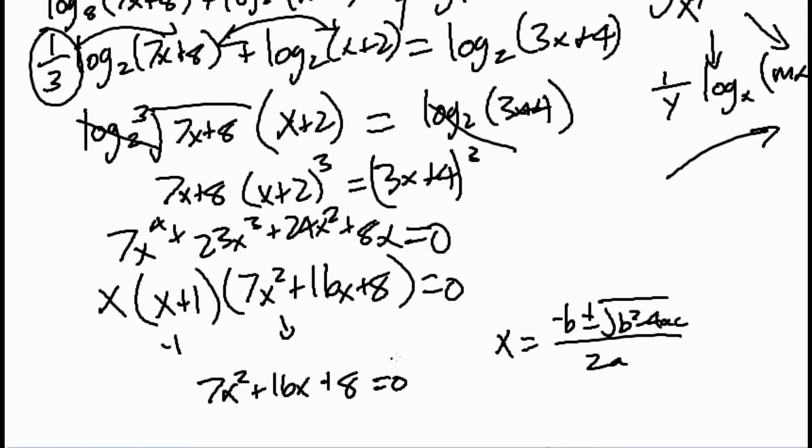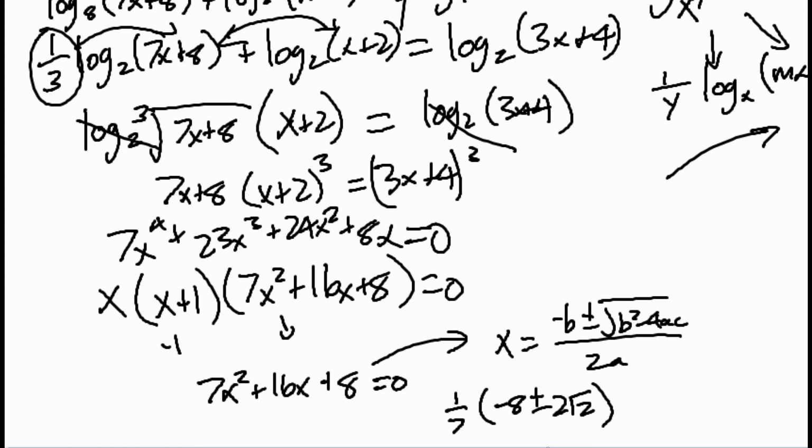After you plug all the numbers in, I think you get -8 plus or minus 2 square root 2, over 7. That should work, I think.